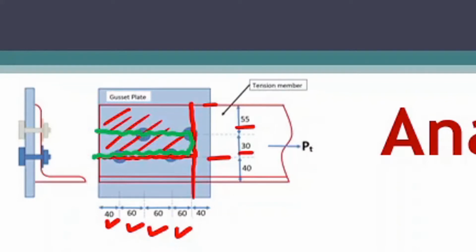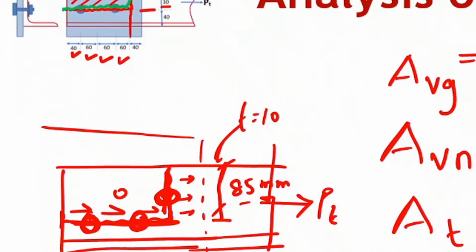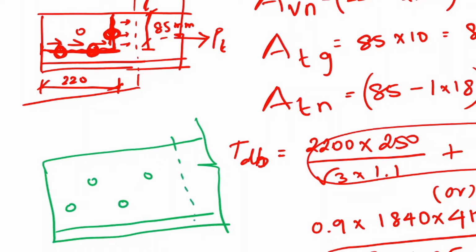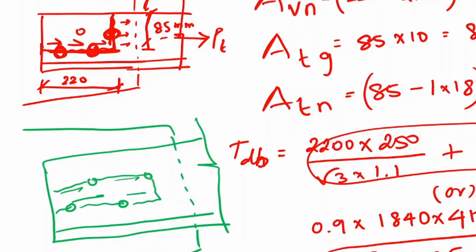Let me draw the second failure pattern. Okay, the second failure pattern is like this. Again, there are two shear planes and one tension failure plane in the tension member.